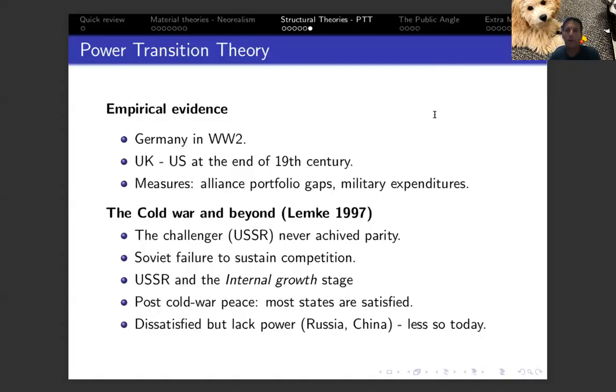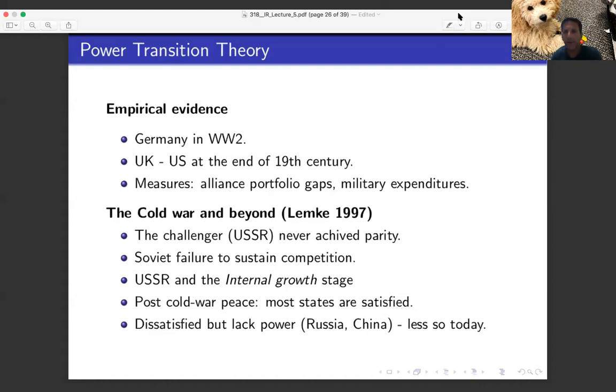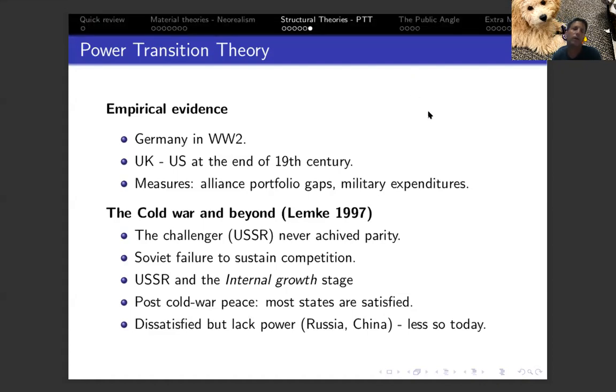Okay, so that's power transition theory. Again, as a quick summary, and I'll have a full summary of all the structural theories at the end of the discussion today, it is another international structural type of theory focusing on the interaction between states, mostly great powers.